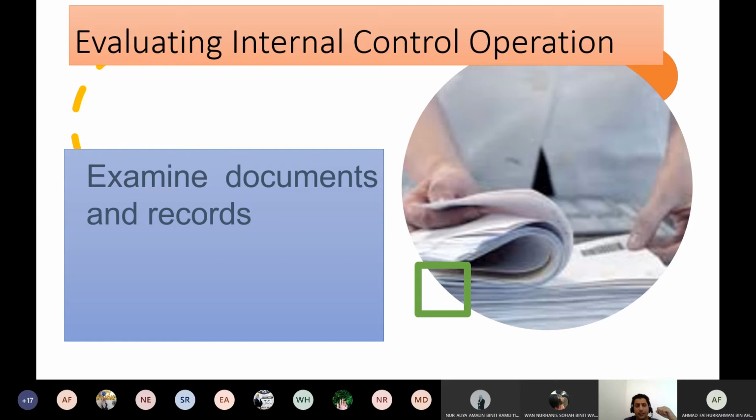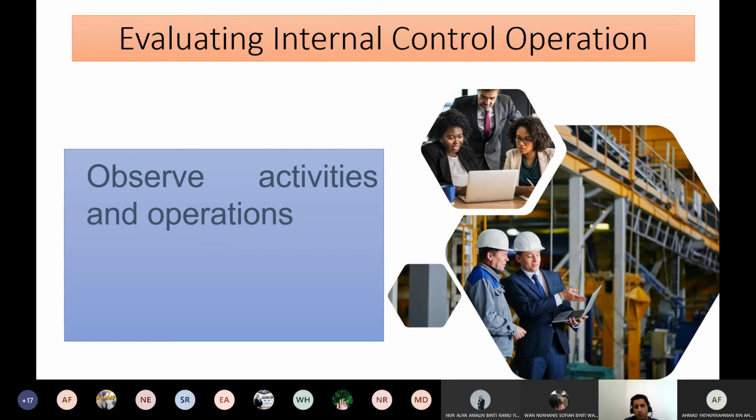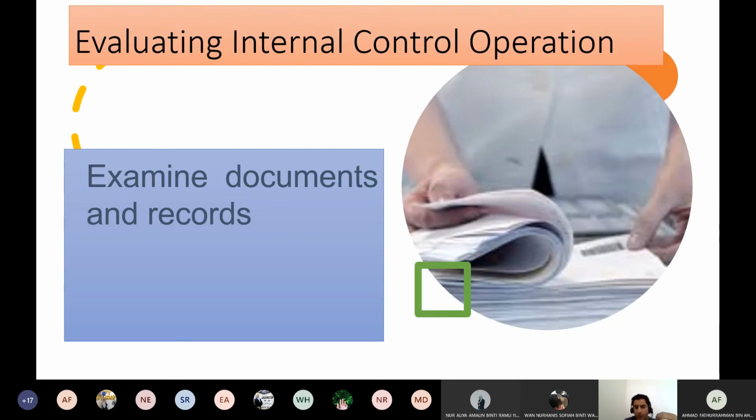And then next is examining the documents and records. Let's say they said this transaction is authorized. The auditor will check the transactions. Let's say they said we have a credit limit of 5,000, and more than 5,000 needs to be referred to top management or the CFO.